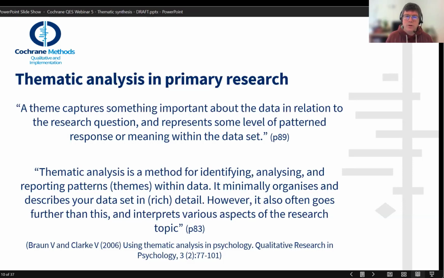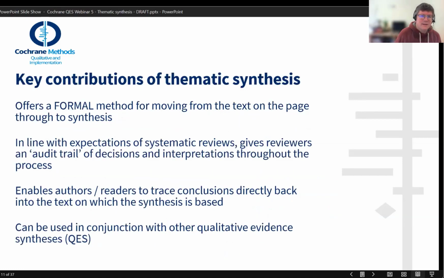So you've got those two important components of thematic synthesis: you may be describing and encapsulating the content of your research in detail, but then sometimes you go further in terms of interpretation and addressing a research question in particular ways. I'll come back to those as important themes when you're thinking about thematic analysis.